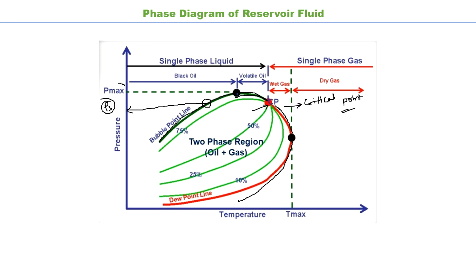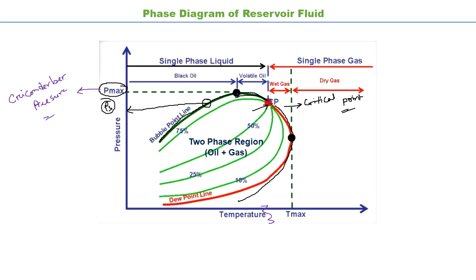Now one point is mentioned here as Pmax. So what does it signify? Pmax is known as the Cricondenbar pressure.